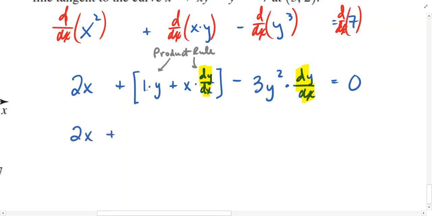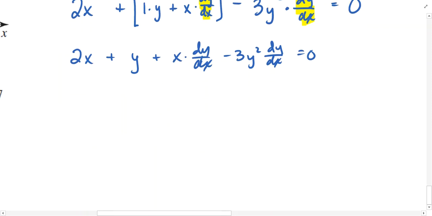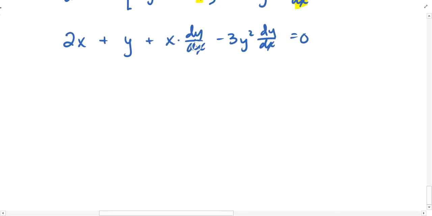First thing that I'm going to do is just drop the grouping symbol here and then the unnecessary coefficients. And then I'll start to isolate the terms that contain dy/dx, because we're ultimately going to factor. We're going to treat these two as common factors amongst these two terms.